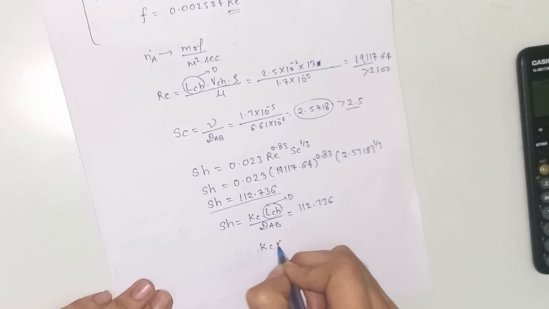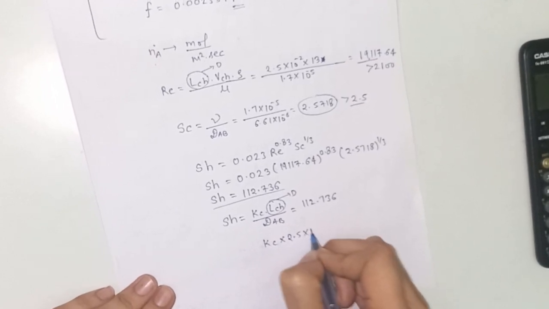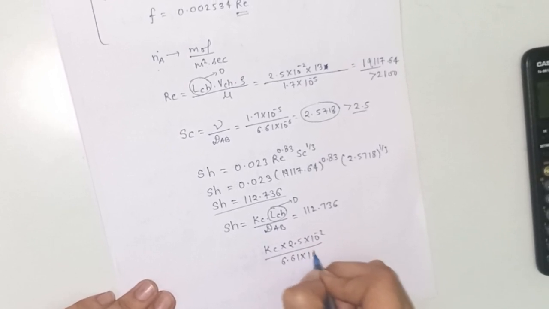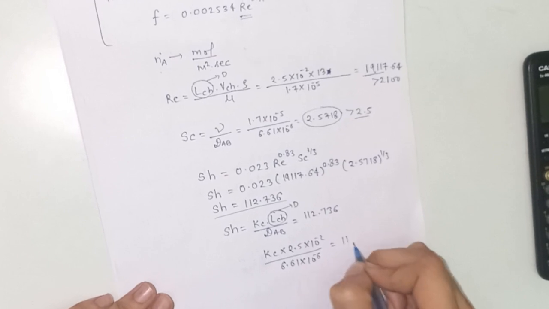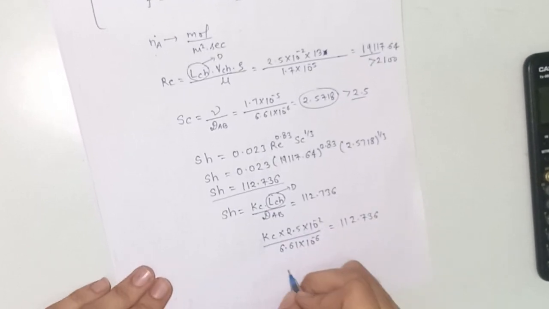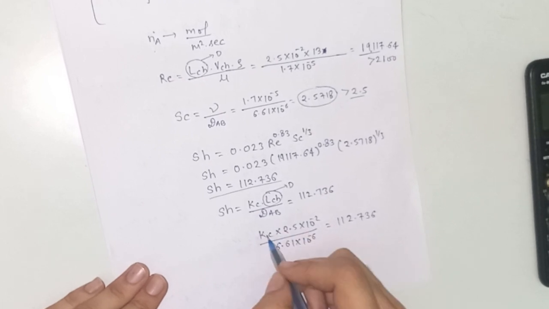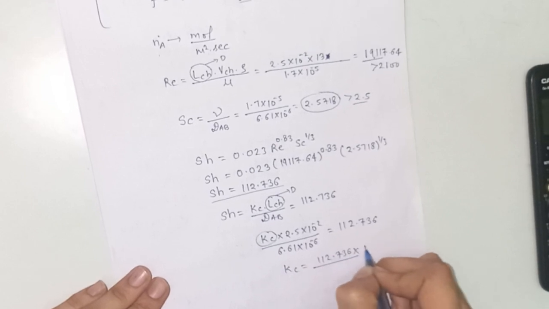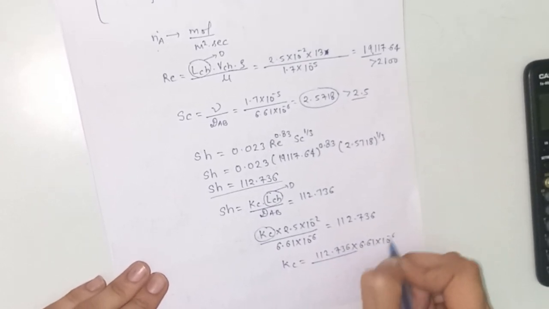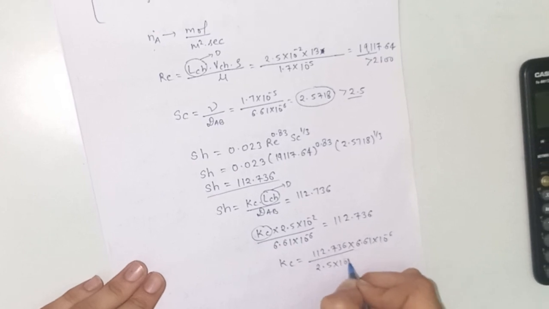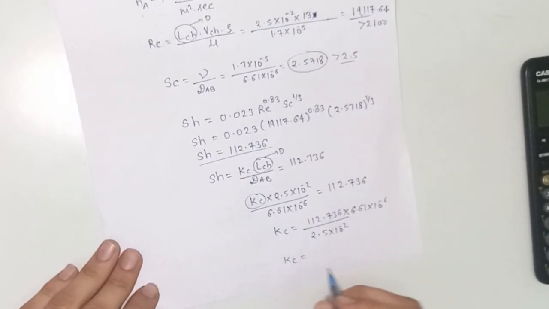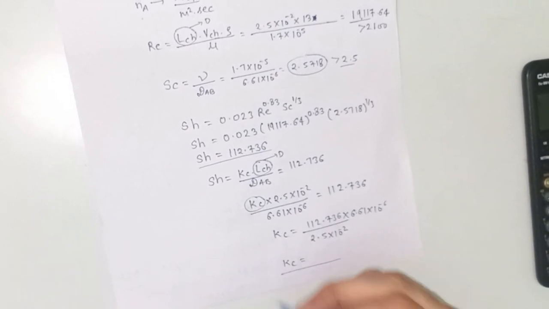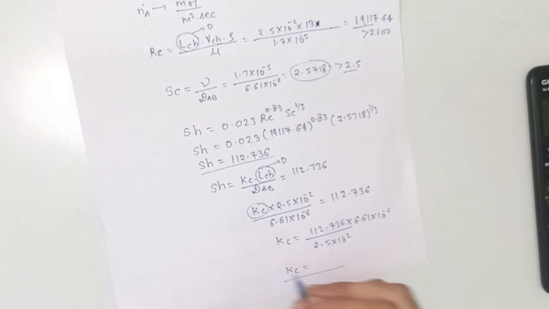So Kc multiplied by the diameter, that is 2.5 times 10 to the power minus 2, and the diffusivity is already given at this temperature, and the Sherwood number we have already calculated. Now we will find the value of Kc using the calculation, and then we are going to find the molar flux using Kc and concentration.